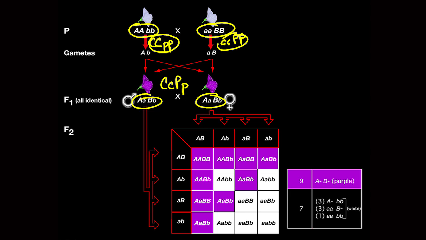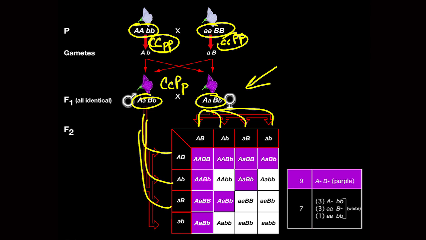Now, what he did do, though, if you cross these double heterozygotes of the F1 with themselves or with their brothers and sisters, you will get a Punnett square. I don't know if we have to go through the whole entire idea of the Punnett square. Just remember, since they're double heterozygotes, each of these parents can make 4 different gametes.